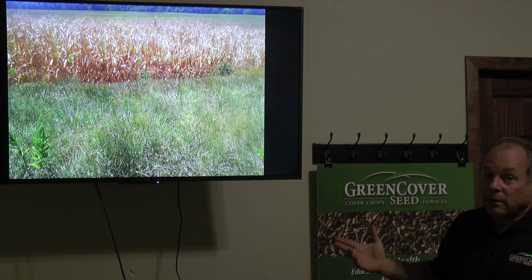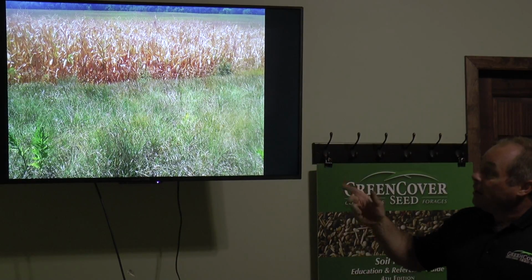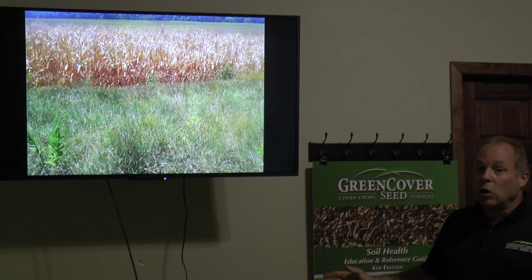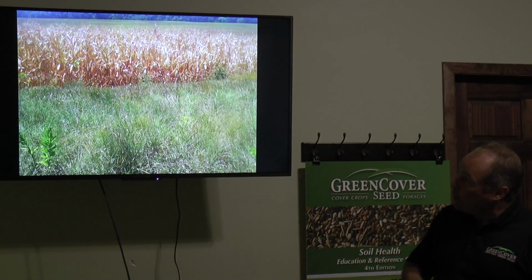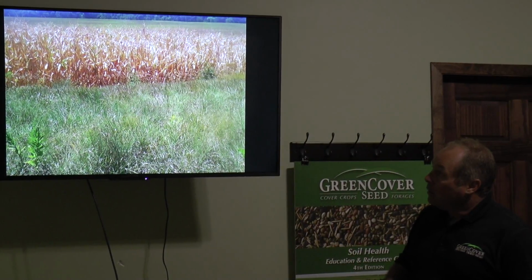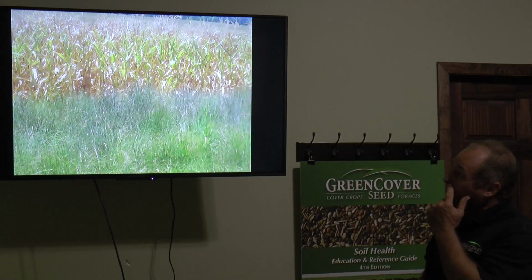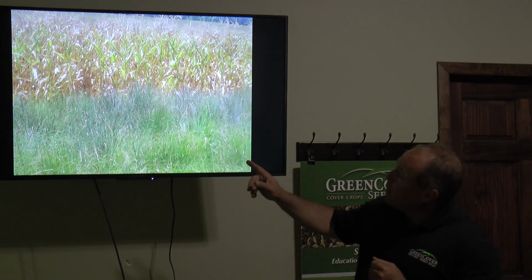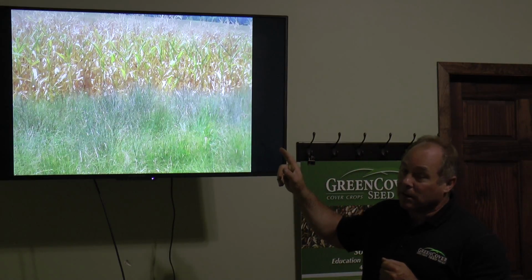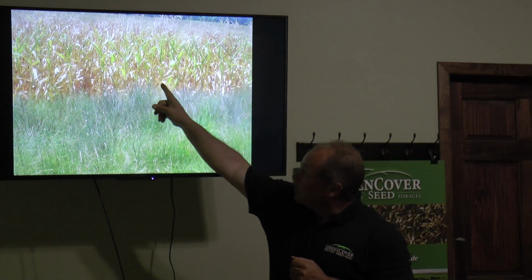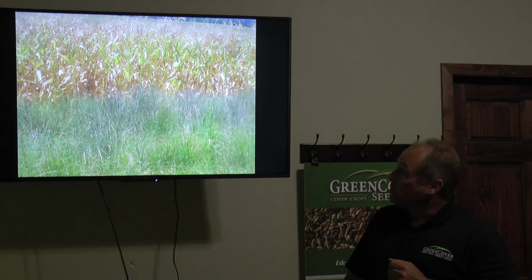Why? The first thing people tell me is that the native grass has this huge, monstrous root system that's able to extract moisture, while corn has a very small root system. And that's true. But if that were the only explanation, explain to me why the only green corn in this entire field is the row right next to the native grass.